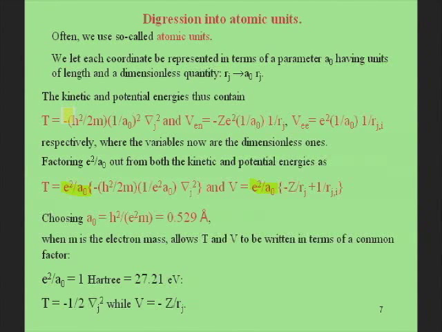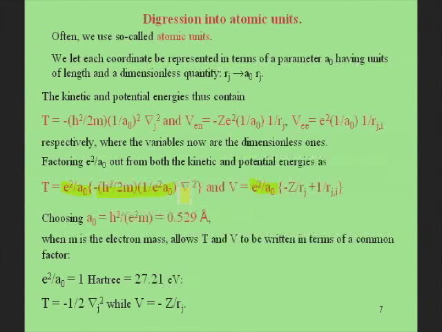But in the kinetic energy, there's no e squared, and there's two a0s. So what we end up with in the kinetic energy is an e squared over a0 that we factor out, but then we end up with this screwy h bar squared over 2m, 1 over an extra a0, and 1 over an e squared that we had to put in there to cancel out the e squared we factored out.